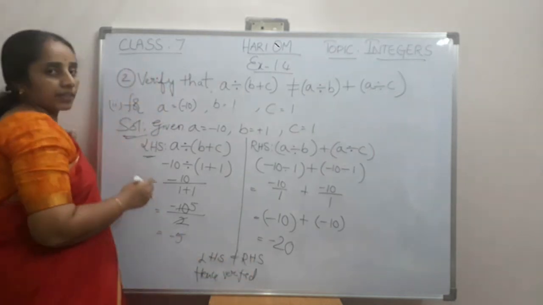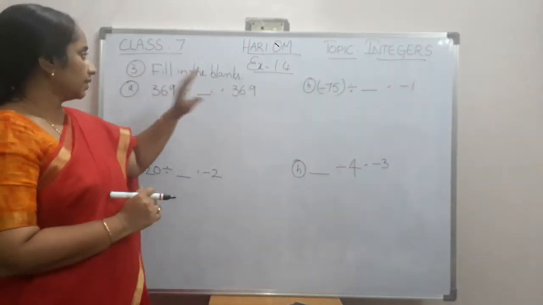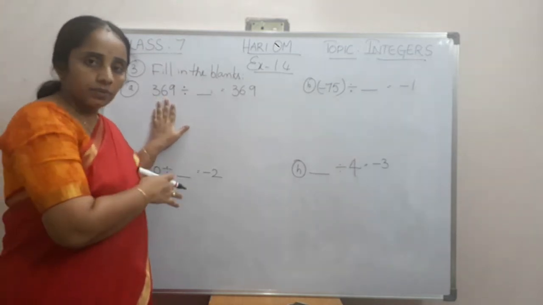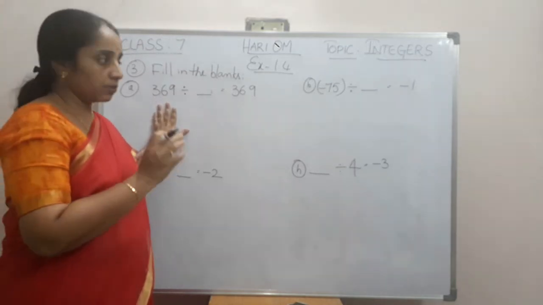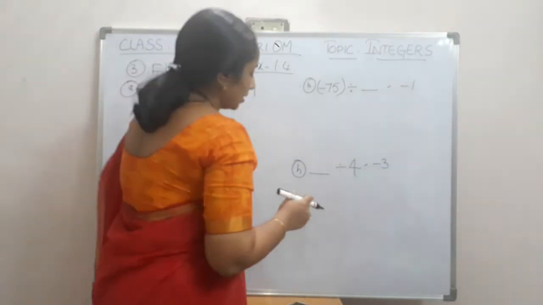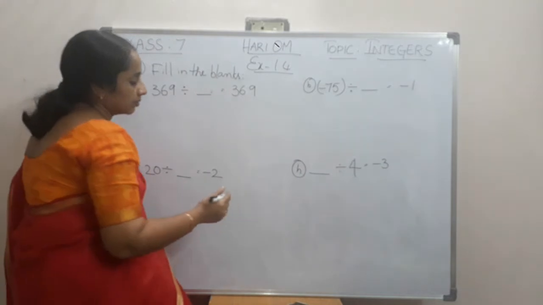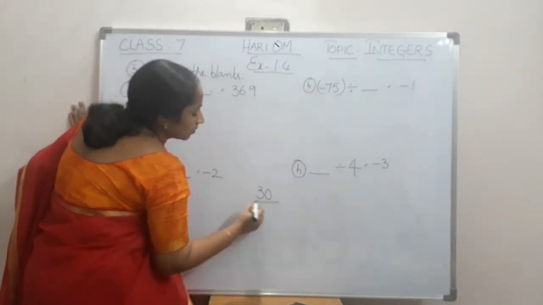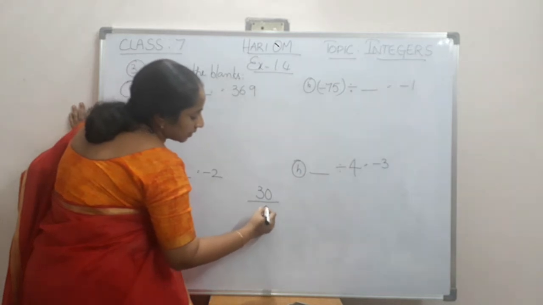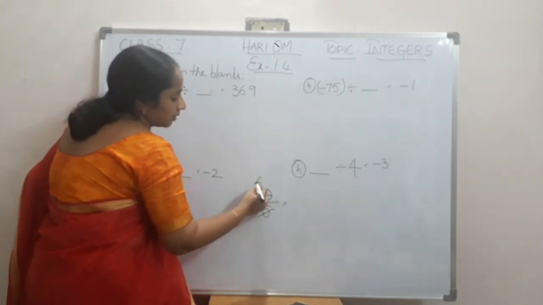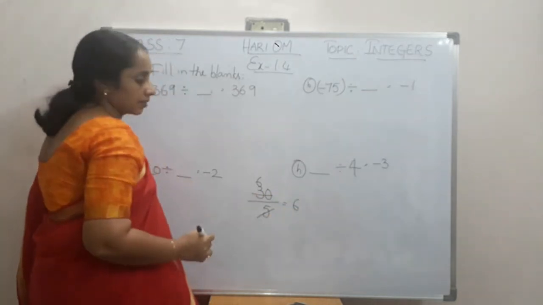Hence verified. Fill in the blanks. Before going to discuss this model, I will explain it with a small example. In general, if I am taking 30 divided by 5, we get 6, since 5 sixes are 30.